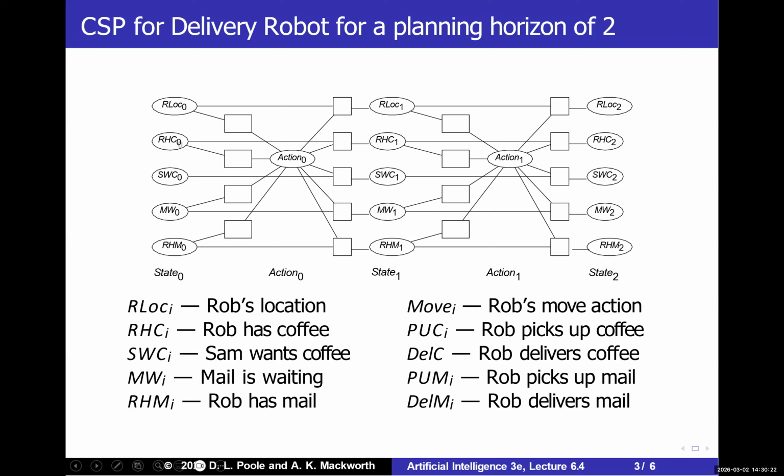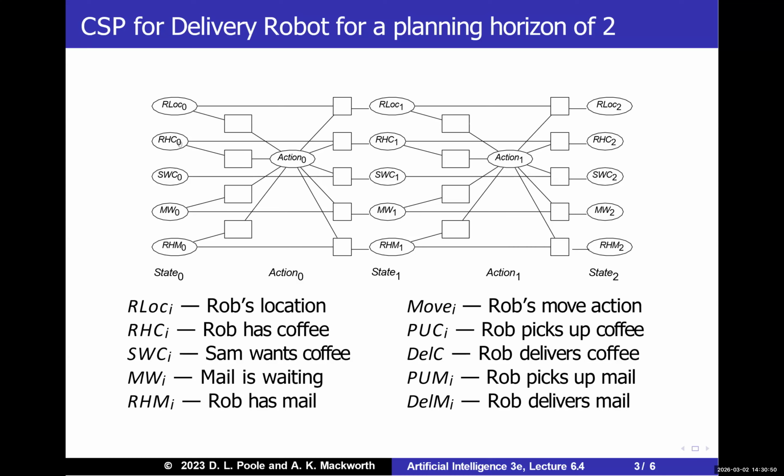Now let's look at what this encoding actually looks like in a simple example. In the delivery robot domain, once we choose a planning horizon, say 2 time steps, we create state variables for each feature at time 0, time 1, and time 2. We also create action variables for time 0 and time 1. Instead of searching forward step by step, we now describe the entire plan at once.